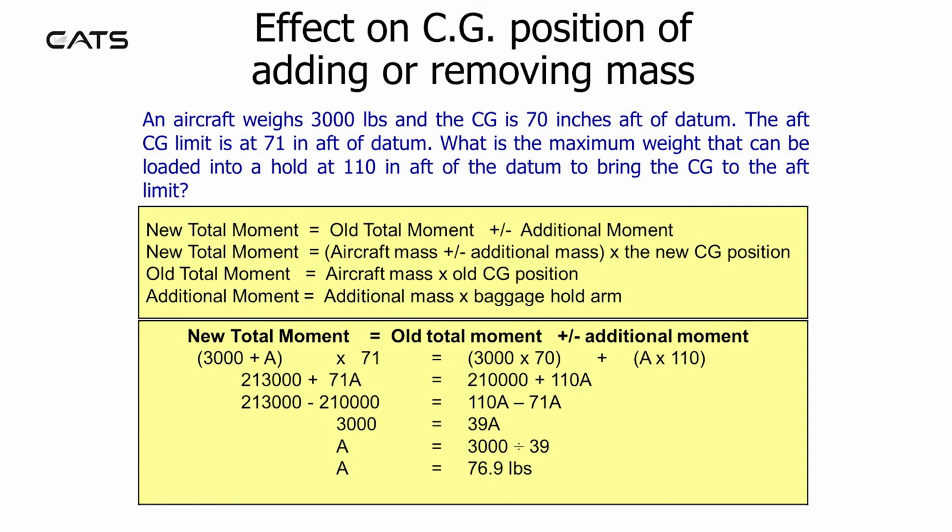Rearranging, 213,000 minus 210,000 equals 110A minus 71A, which becomes 3,000 equaling 39A. A is therefore 3,000 divided by 39, which is 76.9 pounds.